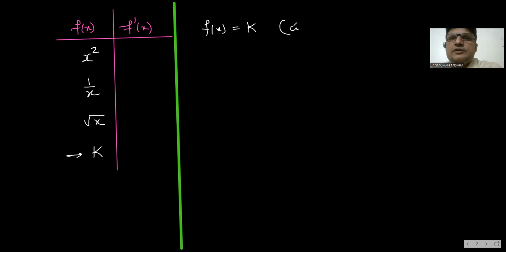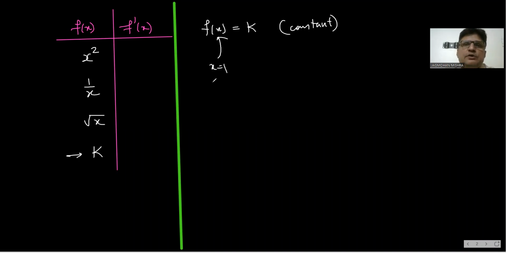A constant function is a function which will never change its value irrespective of the value of x. You may put x as any number, the value of the function will always remain k. That is why it is a constant function.